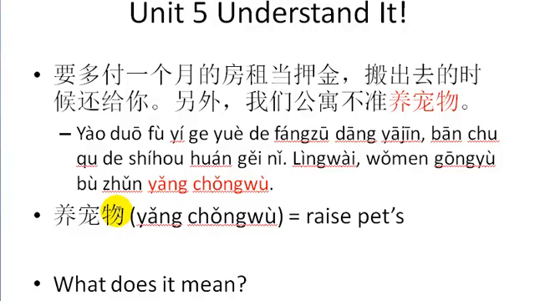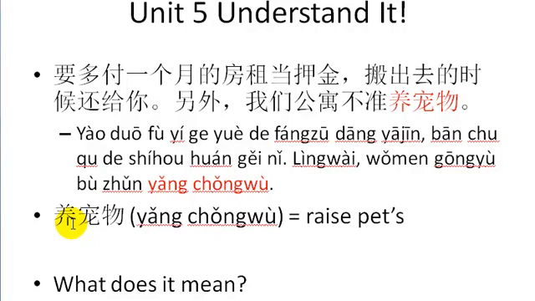Okay, you could say that, and you'd be understood, and the Chinese might even say that sometimes. But their habit more often is to use this verb here, 养, which means to raise a pet. So you can't really directly translate here, right?